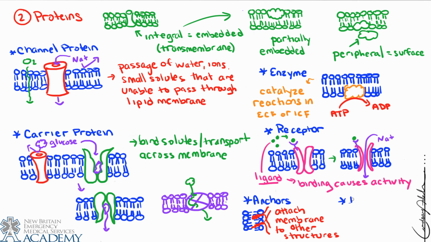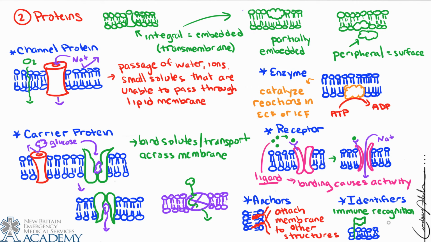And lastly, identifiers. I like to think of identifiers as like every cell has its own flag, and it's either waving a flag that is like, hey, I'm a body flag, or it's waving a flag that's like, hey, I'm not a body flag, I'm a disease, I'm a virus, I'm a bacteria, I'm toxic, I'm something that doesn't belong in the body. So the protein is usually important for the immune function.